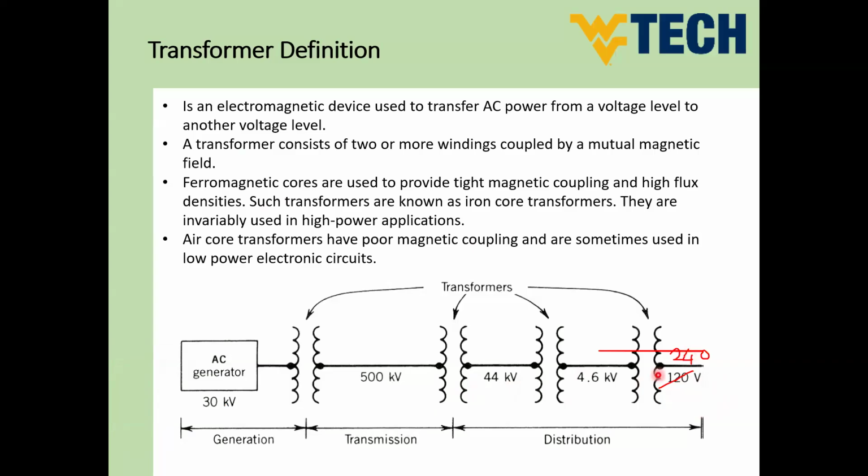The answer is we have different loads with different voltage levels. So domestic loads can have 240 line-to-line volts, and factories may need 4.4 or 4.6 kilovolts. Most probably these distribution networks are supplying loads with high power.